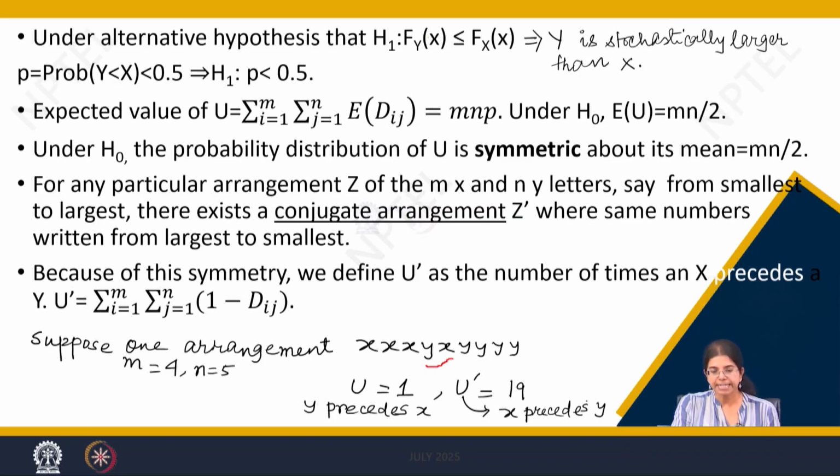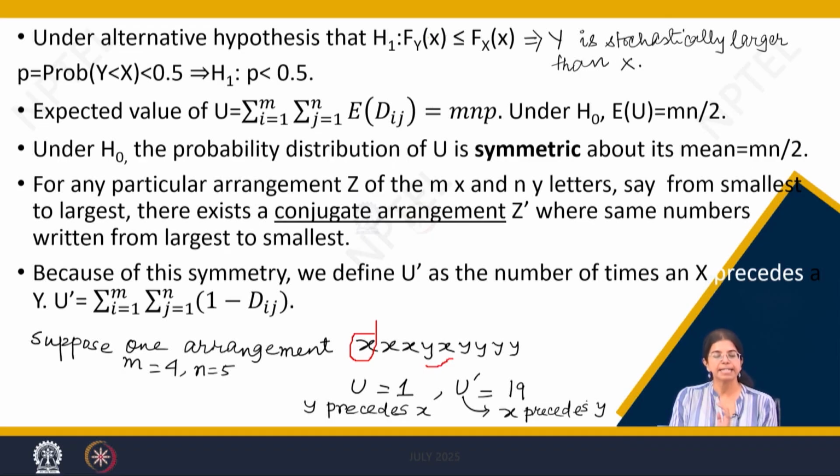This x is less than the second y, assign another 1. This x is less than the third y, fourth y and fifth y. So, for the first x, the value is 5. Clear? For the second x, the value again is 5. So, total 5 plus 5. For the third x, the value is again 5.